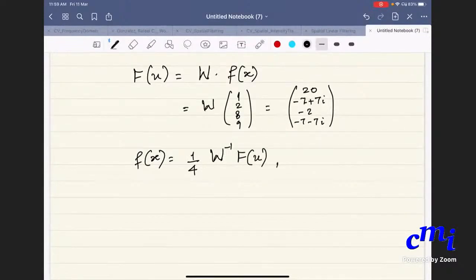In this case I have calculated this. W inverse comes out to be, well, you have the same terms here, i, minus 1, minus i, minus 1, 1, minus 1, minus i, minus 1, i.